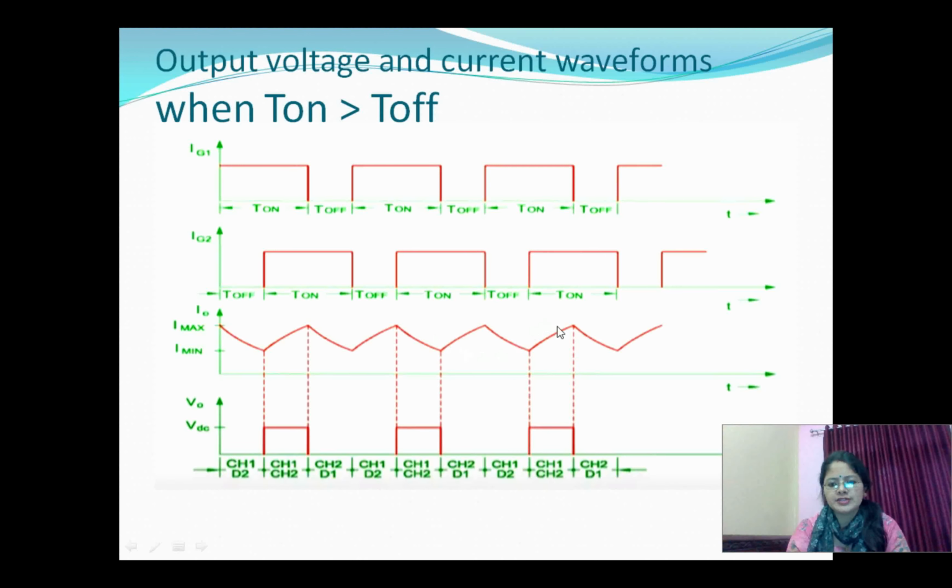When T on is greater than T off, the output current is positive, and the output voltage is also positive.